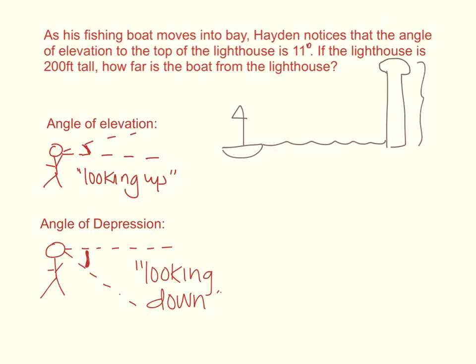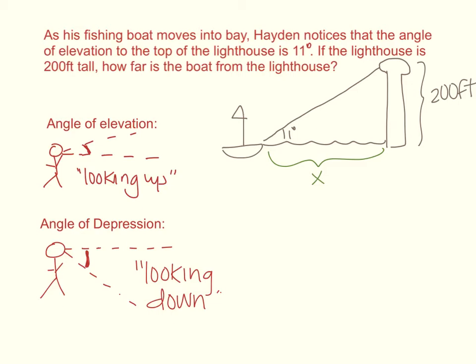All right, and I know that this is 200 feet tall, and I know that the angle of elevation is 11 degrees. So that means from the base of the water going up to the top of the lighthouse, this is 11 degrees. And I want to know how far away the boat is from the lighthouse. So that's going to be this part right here. So let's call it X.